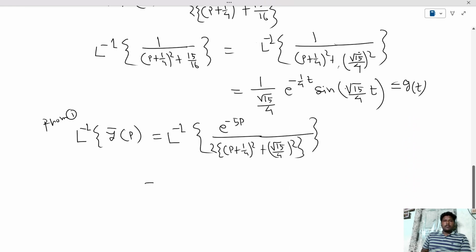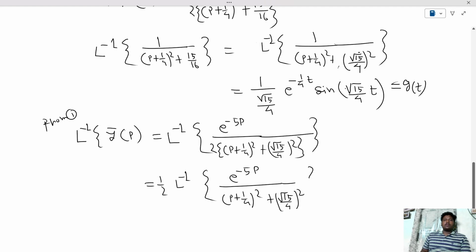So 1 by 2 बाहर आ जाएगा. So e to the power minus 5p by p plus of 1 by 4 whole square plus root 15 by 4 whole square.